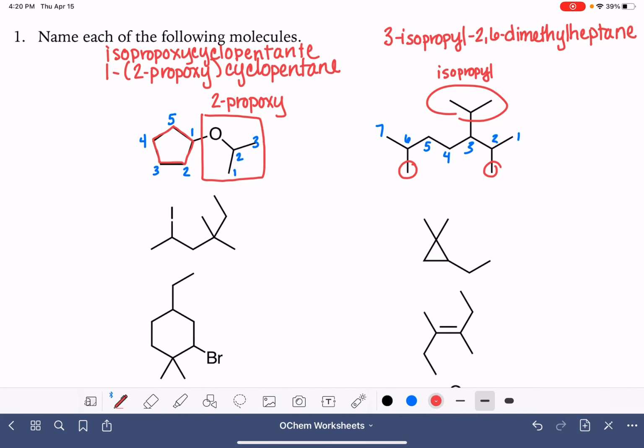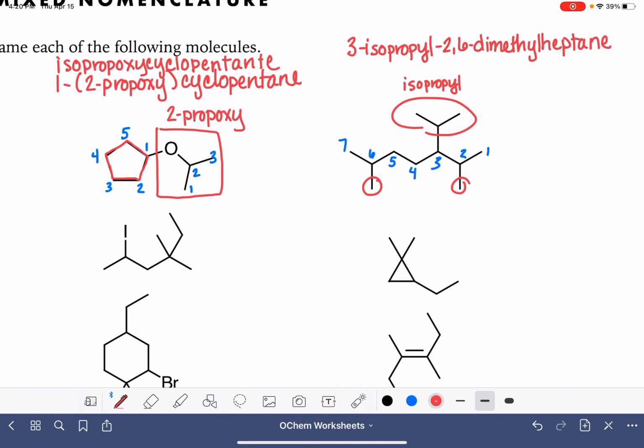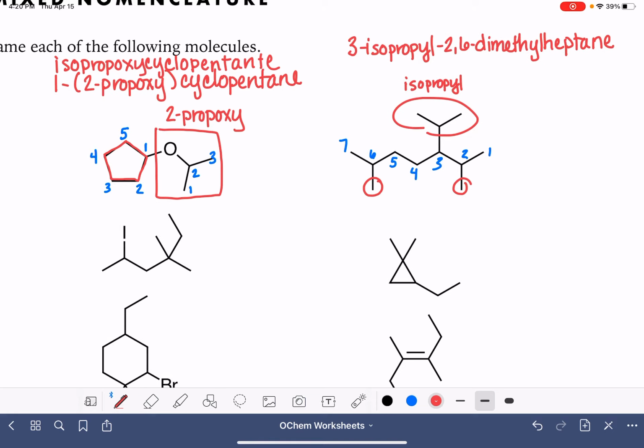And let's take a look at our next one underneath down here. Looks like our longest carbon chain is going to be right here. We want to number to give our substituents the lowest overall set of numbers. So if we go this way, then our substituents are going to be a 2, 4, 4.